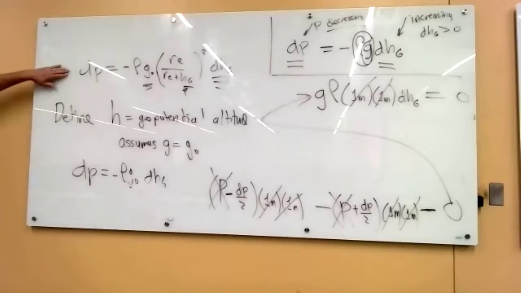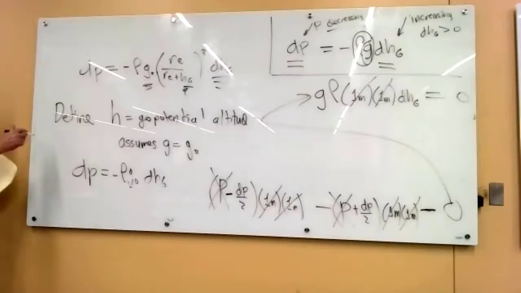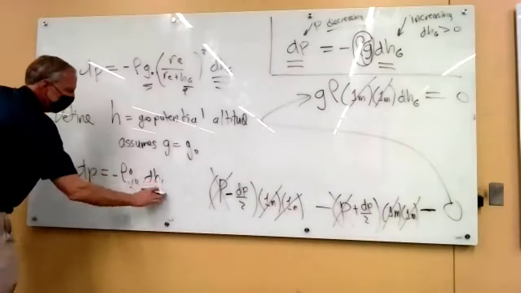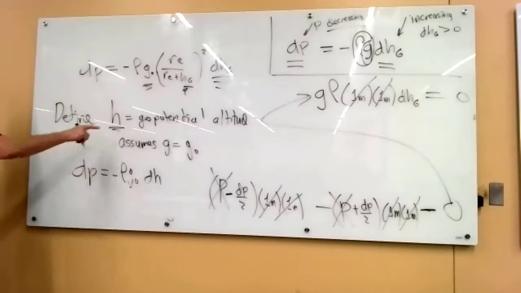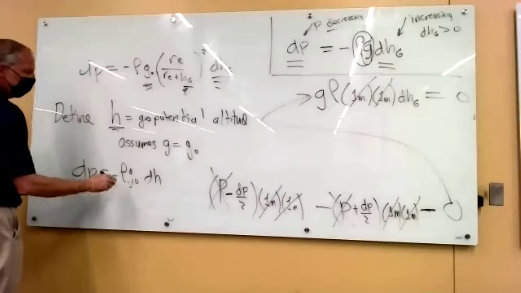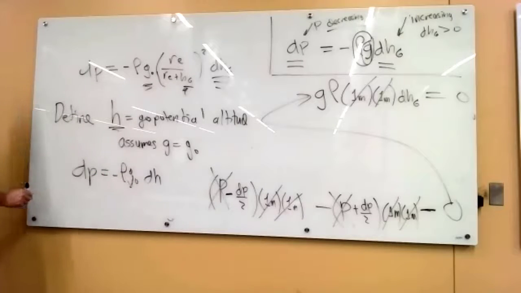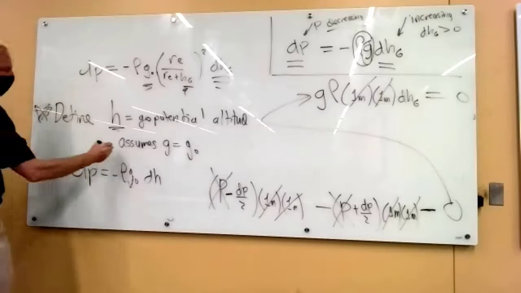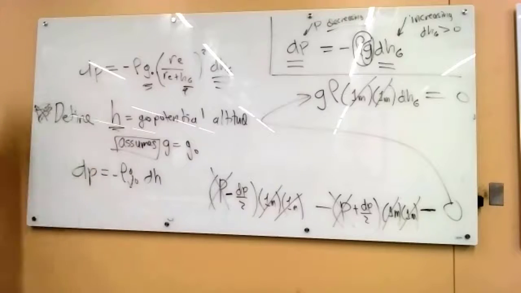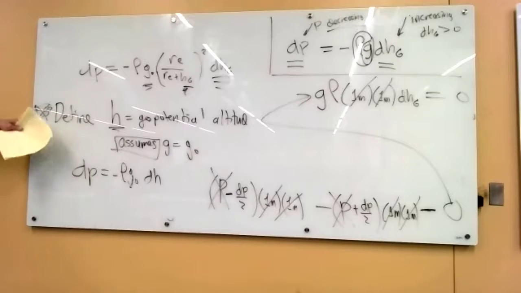No, because we said we're going to define this. Oh, we have to make this dH now because we said this. So we're saying, okay, an altitude calculated from pressure, assuming gravity is constant. So we've really assumed this. So the accuracy of this thing depends upon how accurate that assumption is.